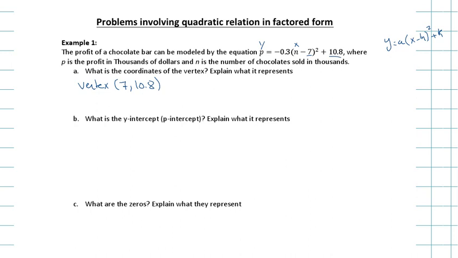Anything else is going to be lower than the 10,800. So the 10,800 is the maximum profit they're going to make. Okay?